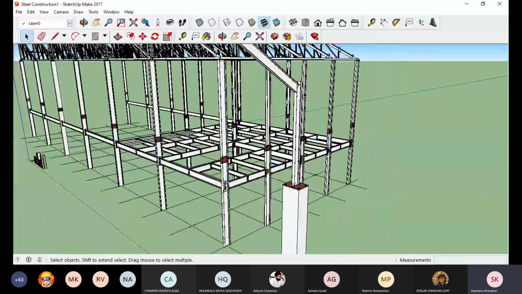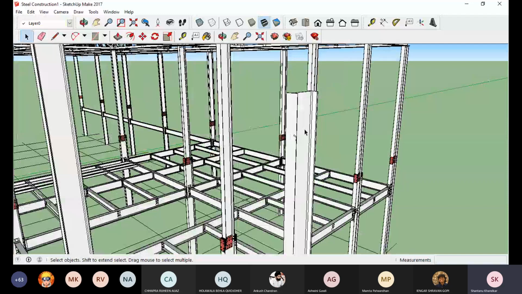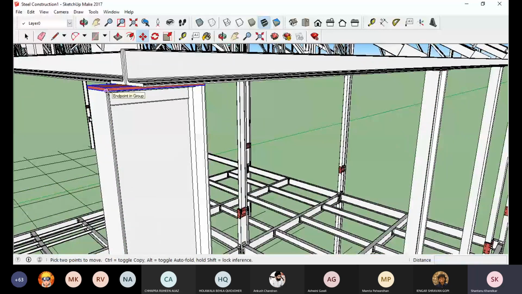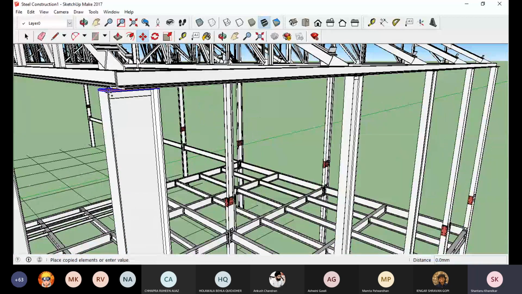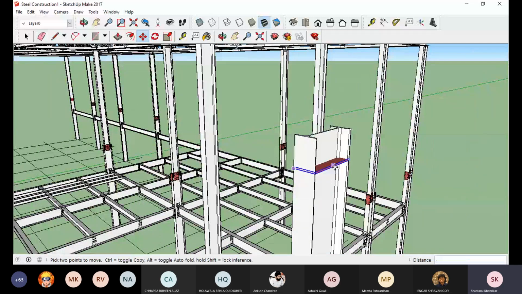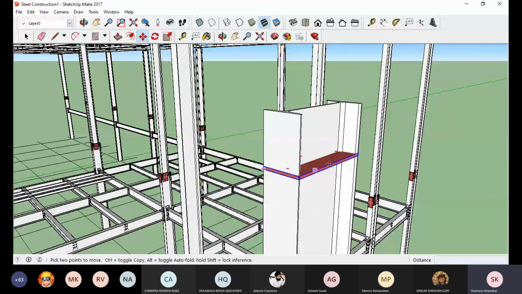So let me just tell you what I mean. Wait, let me just get rid of this. Suppose you are going to connect a column here, which is at a different angle. Then what would take place is that you would have a gusset plate, or I should say a base plate, at that particular point. So suppose I want to connect it over here.